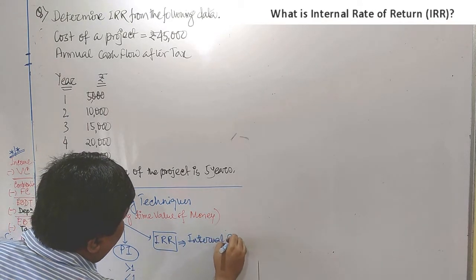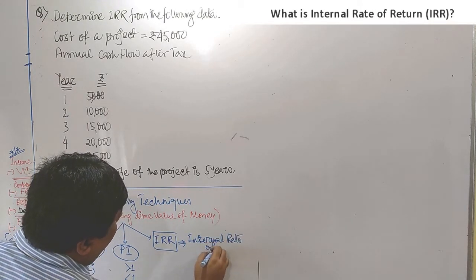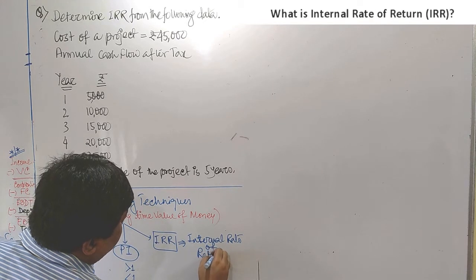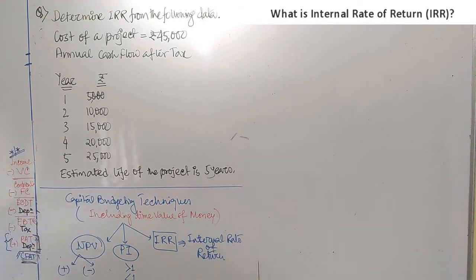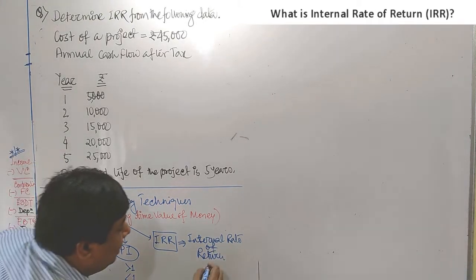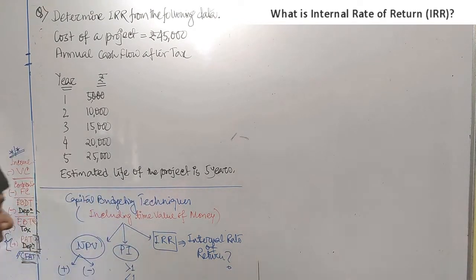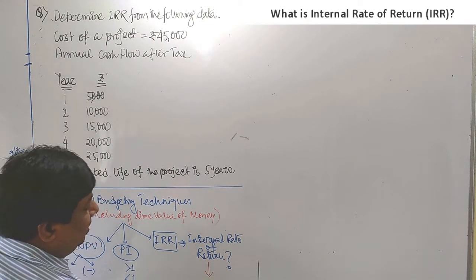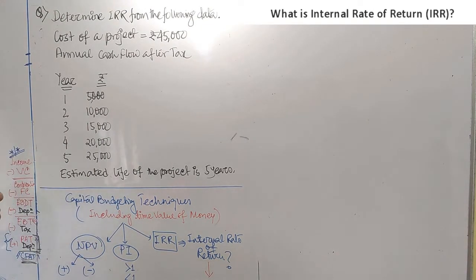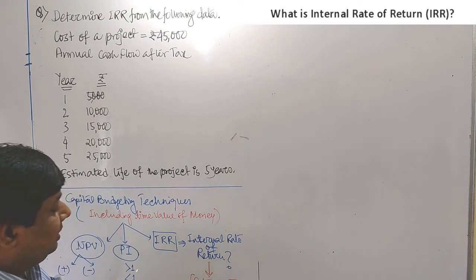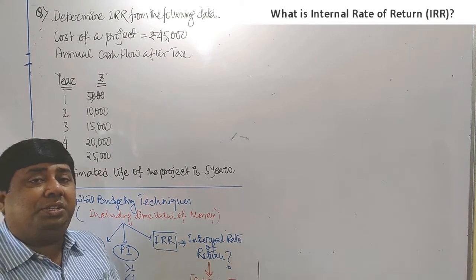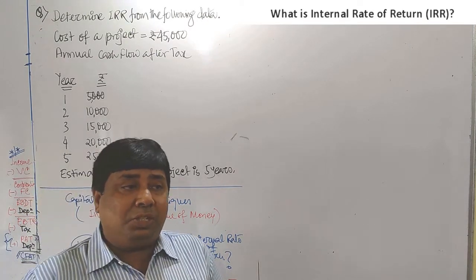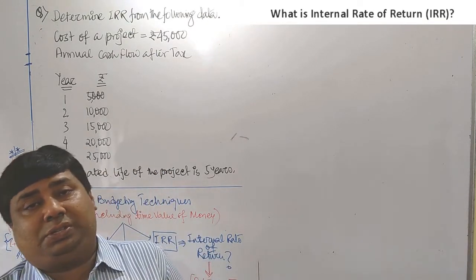Now today we are going to learn the chapter commonly known as IRR, or rather I must say internal rate of return. Now what does internal rate of return mean? In simpler sense, internal rate of return represents the return percentage of your project, or what is the exact return your project provides you depending upon the investment and total benefits.